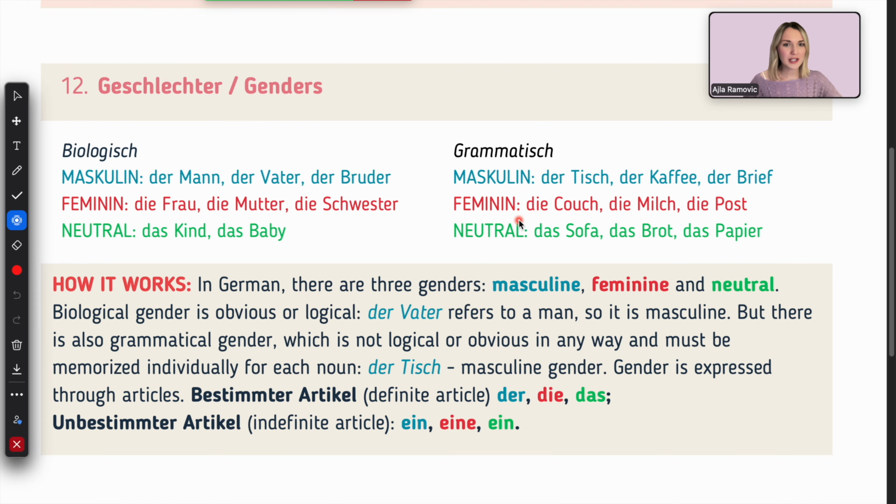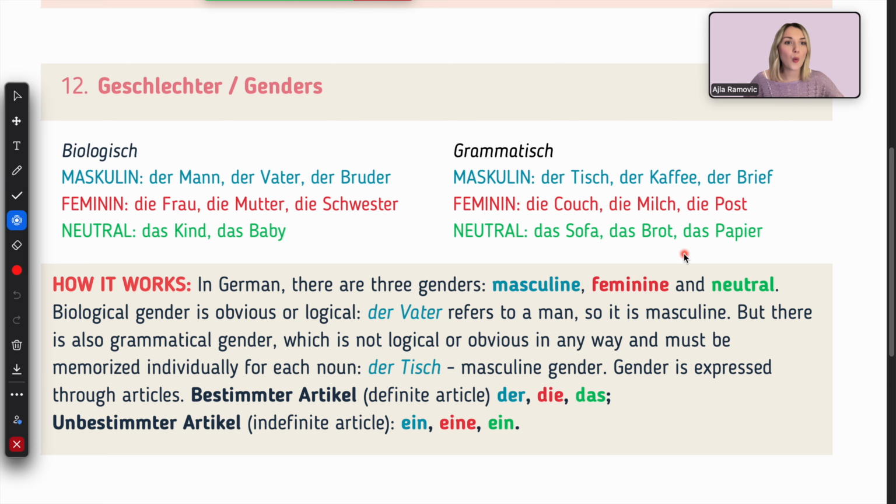Feminine words, for example, die Couch, the couch, die Milch, the milk, die Post, the mail. And also some neutral words, das Sofa, the sofa, das Brot, the bread, and das Papier, the paper.